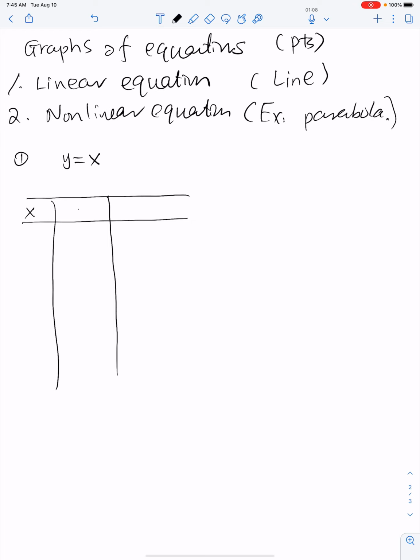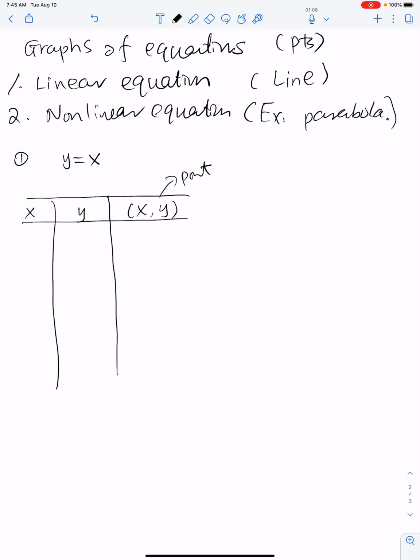What is a point? (x, y). This is a point. So if we want to find a point, we need both the x coordinate and the y coordinate. How could we find the points on the equation y equals x?